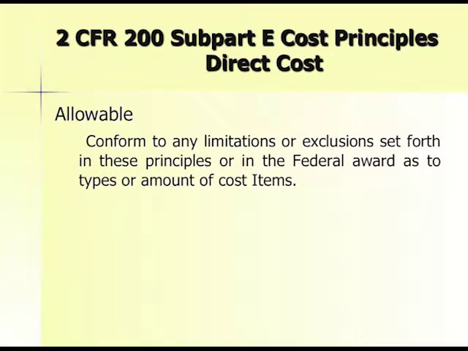Well, for a cost to be deemed allowable, it has to adhere to the federal guidance, and it also has to adhere to the specific agency guidance. It also has to adhere to the actual notice of award, the NOA, the NGA, many different terms that we use for that.